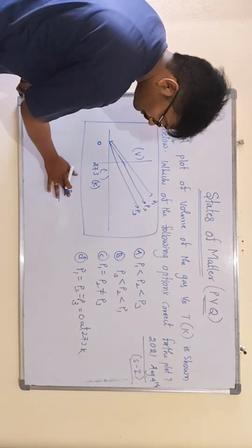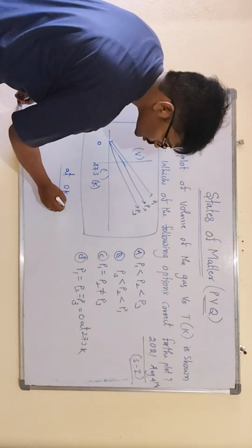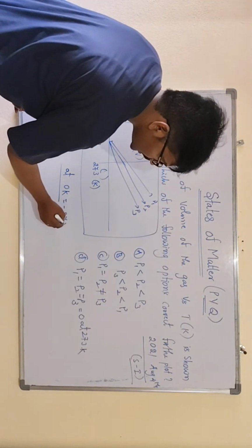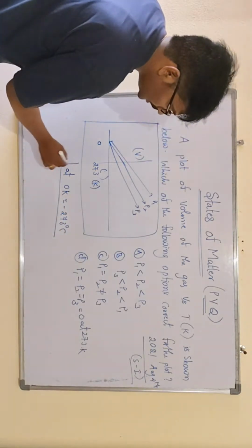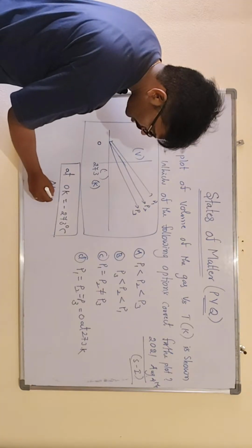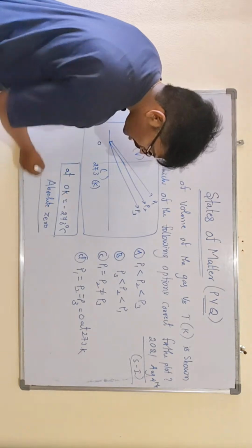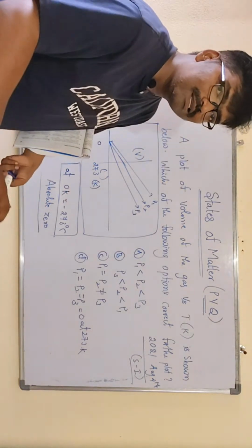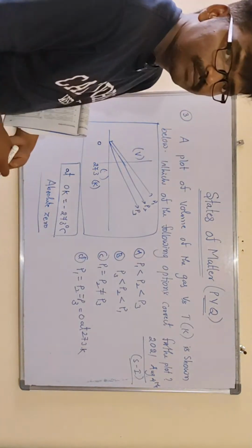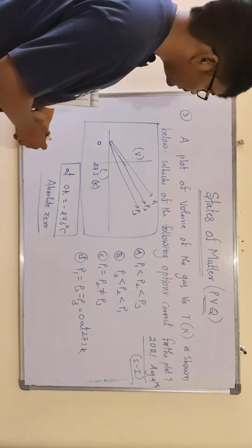At 0 kelvins, not Celsius, it equals minus 273 degrees Celsius. This zero we call absolute zero. At absolute zero, almost all the gases can be converted into liquids. Clear? Can be converted into solids. Clear, all of you, right?